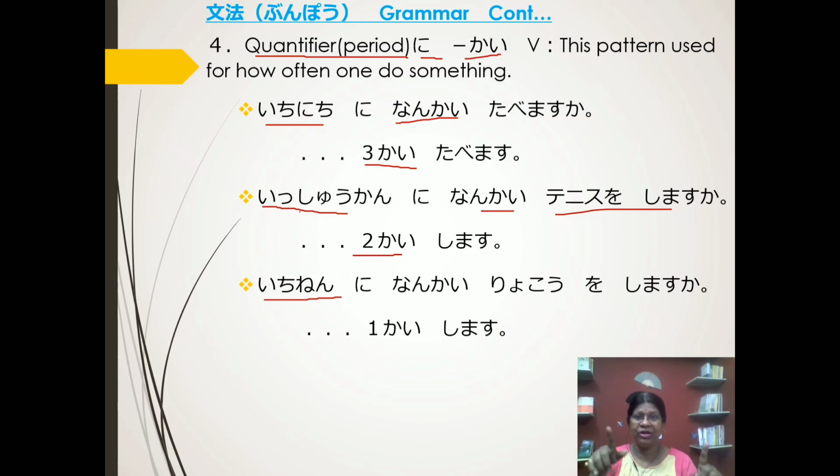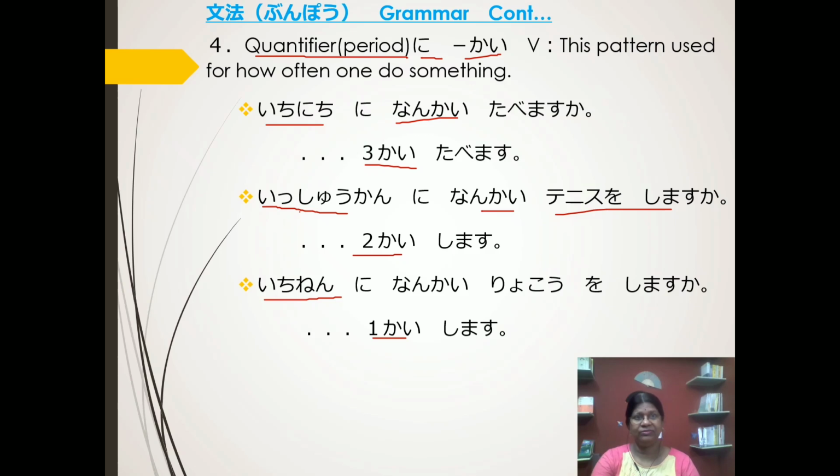The quantifier period of time is 1 year. So 1年に何回旅行しますか?1回します。I travel once in a year. Okay?